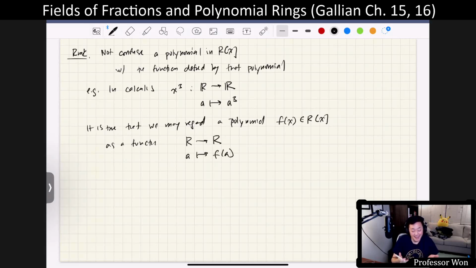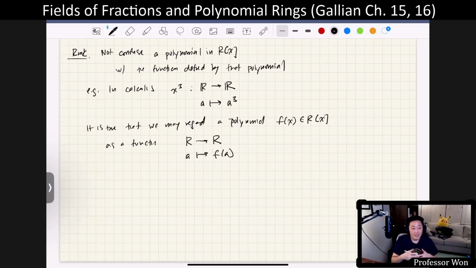Everywhere you see an x, you plug in an a, and then you do the operations in the ring. Frequently that is genuinely useful, and we'll use it all the time.